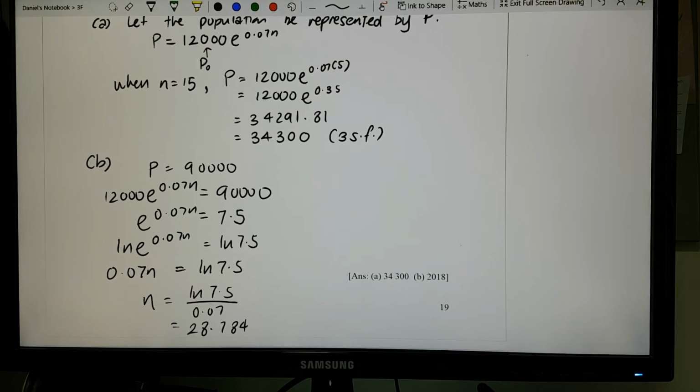Because for 28.784, the 0.784 means about three-quarters of the year, so about September, October, that period. So 28 years from 1990, in 2018, it will hit 90,000 population.